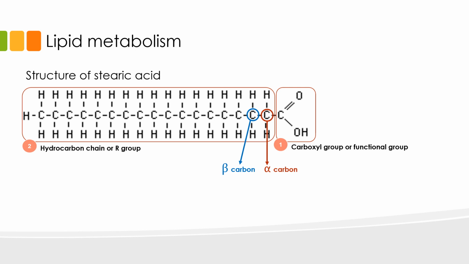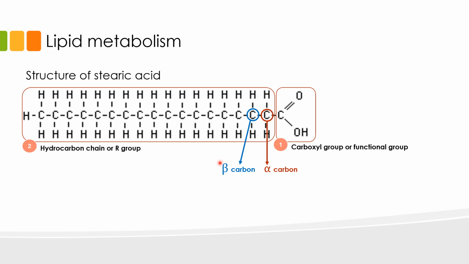I said earlier that the process is called beta oxidation because the number 2 or beta carbon of the fatty acid chain is the carbon that undergoes oxidation first. This is just an enlarged version of the fatty acid that we examined in the previous slide. This fatty acid has 18 carbons without double bonds, so this is stearic acid.